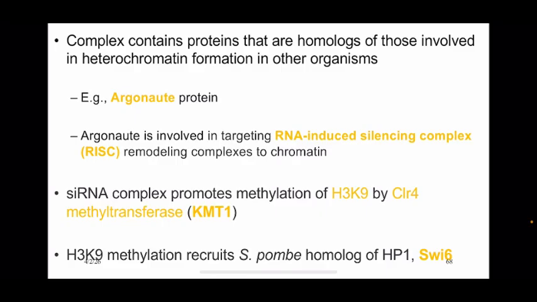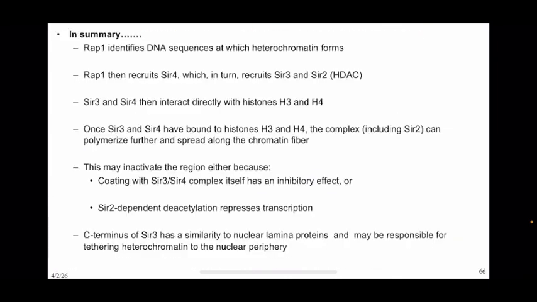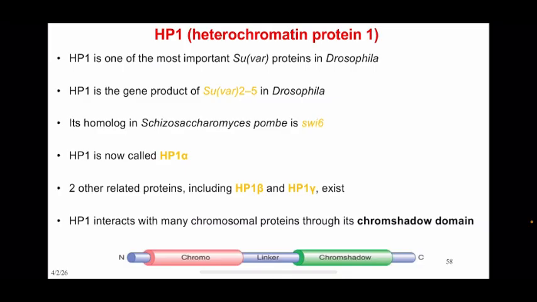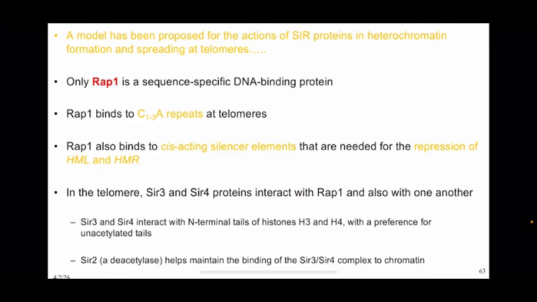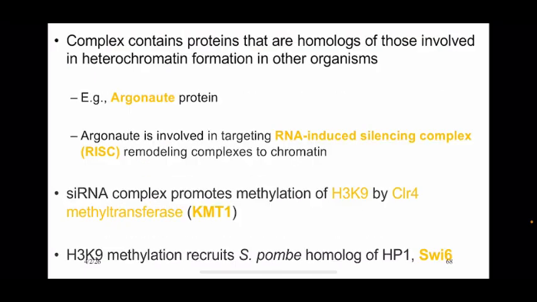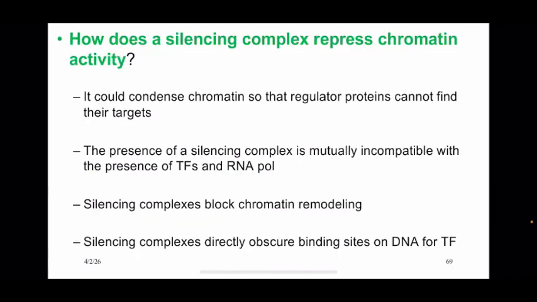But there's a specific type of yeast, Schizosaccharomyces pombe. Another homolog is called Swi6, found only in Schizosaccharomyces pombe, and it performs the same function as HP1 or the Sir complexes, that is formation of heterochromatin. So Swi6 is responsible for overseeing all these things. So why does a silencing complex repress chromatin activity?